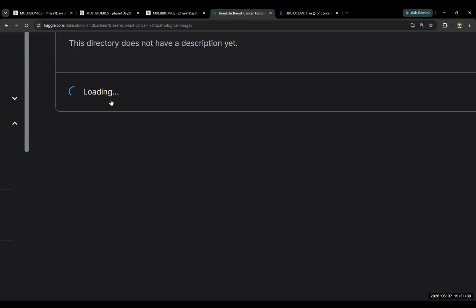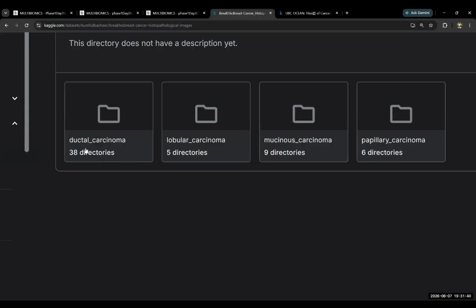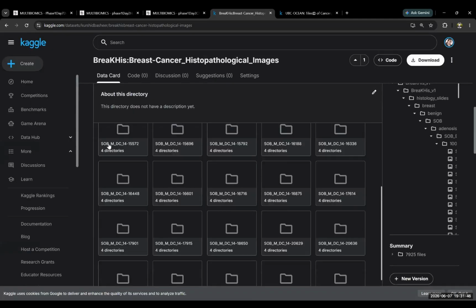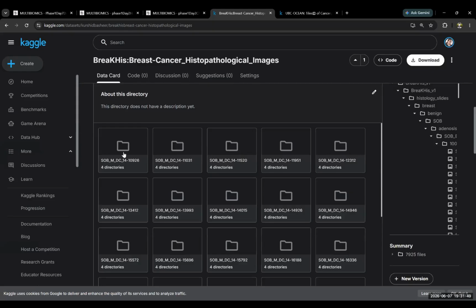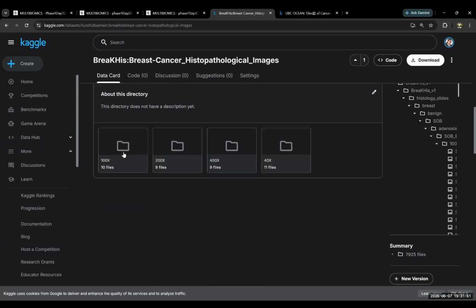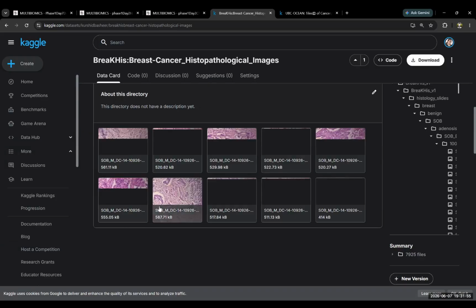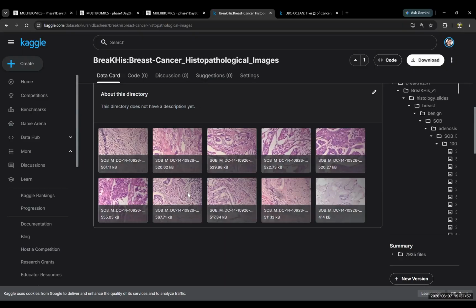If I open this directory, you see ductal carcinoma has 38 directories. So many. That means the number of images is huge in this. 38 directories, and I have opened each directory now.